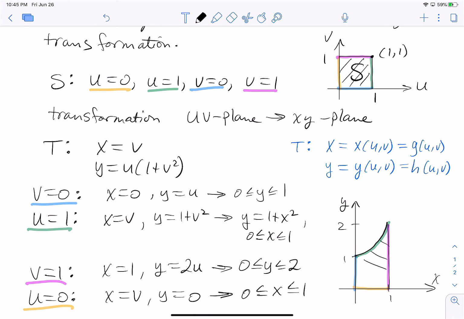We've just learned that the transformation T maps S, a square region in the UV plane, into this region bounded by three line segments and the arc of a parabola. We're going to call that region R, and it's in the XY plane. That's the nature of a transformation.